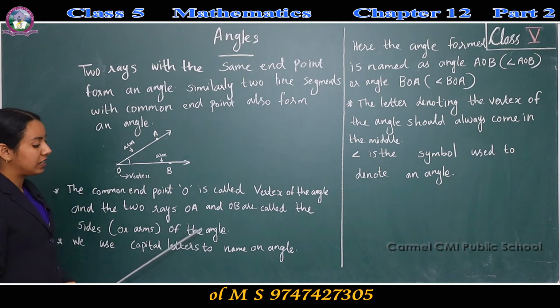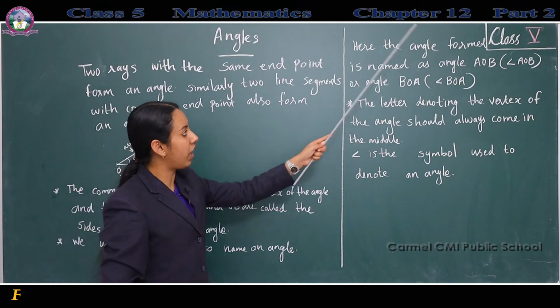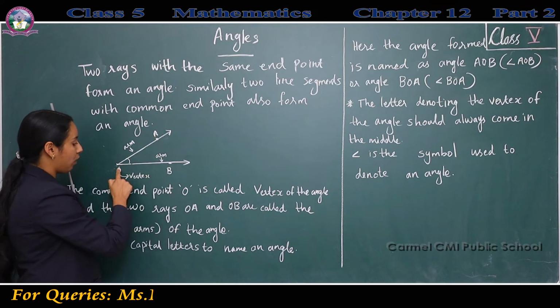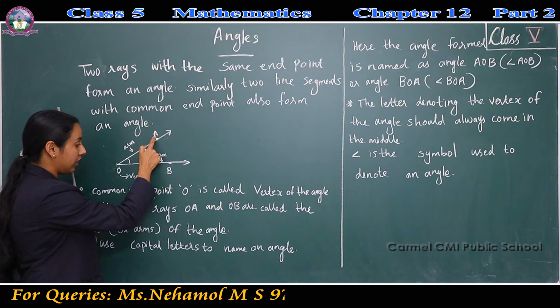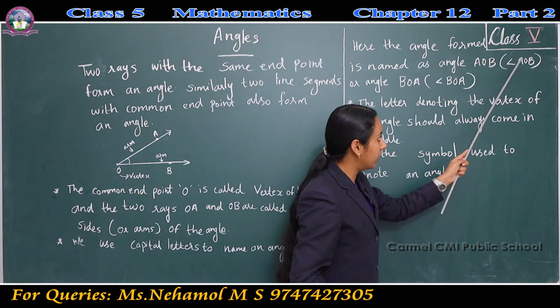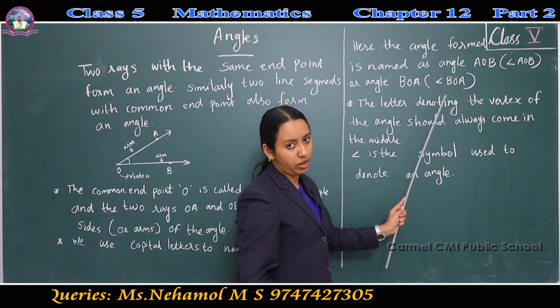We use capital letters to name an angle. Here the angle formed is named angle AOB. We can write it as angle AOB or angle BOA.